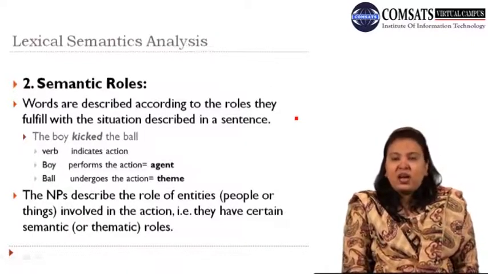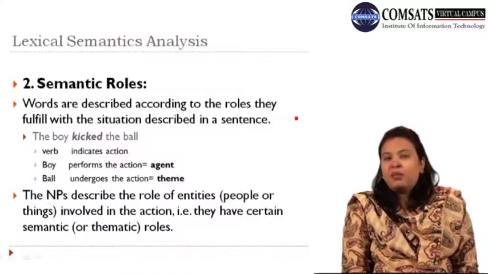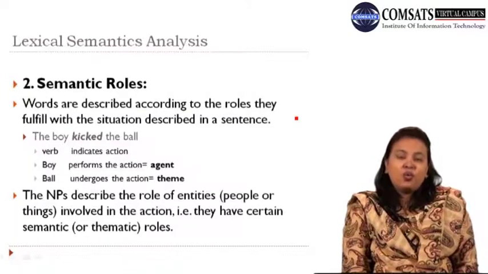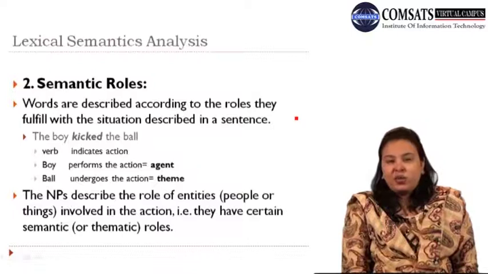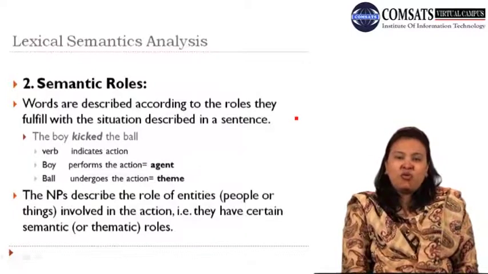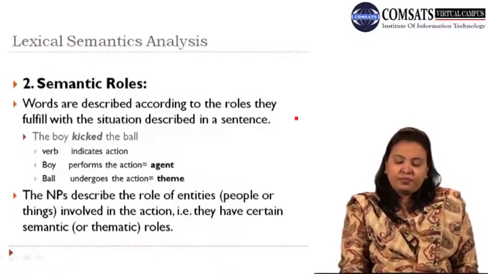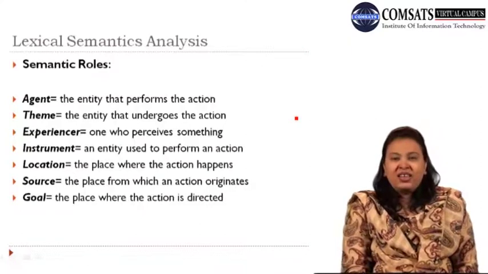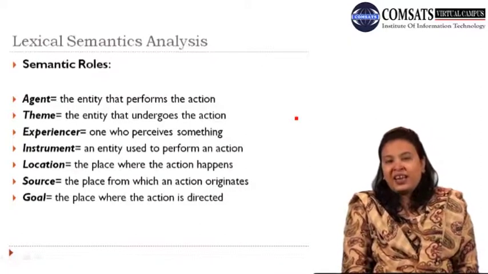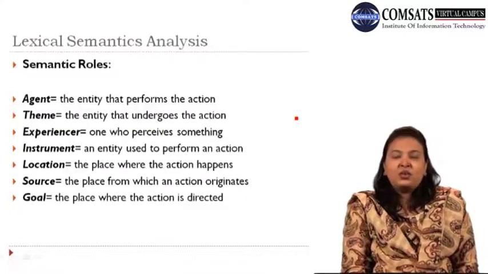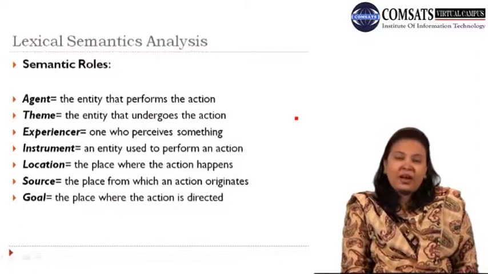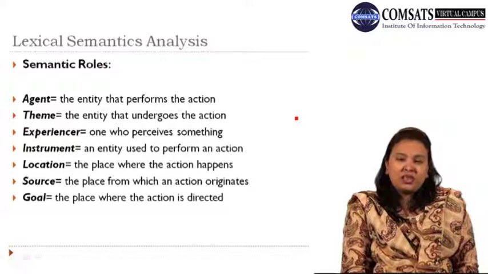And semantic roles are based on the roles performed by the words within the structure of sentences. Now these are some of the important semantic roles which are used to label words and account for the semantic analysis procedure.